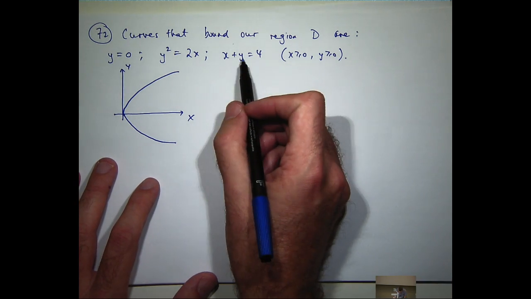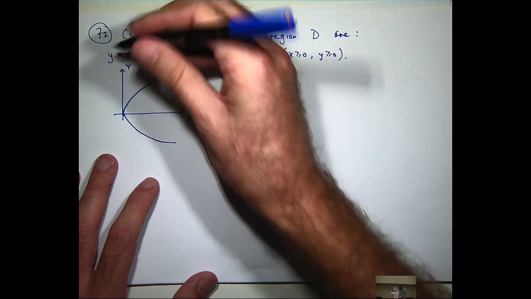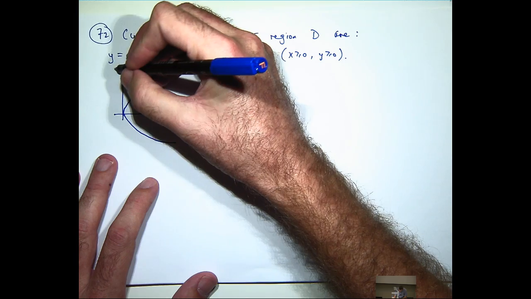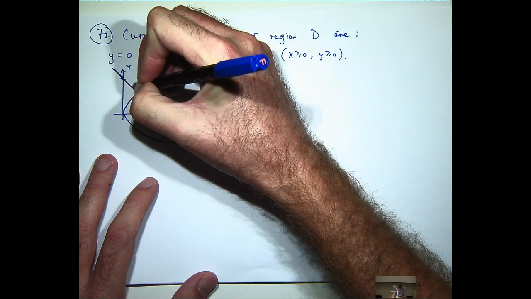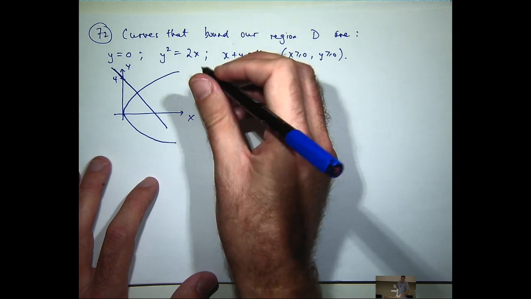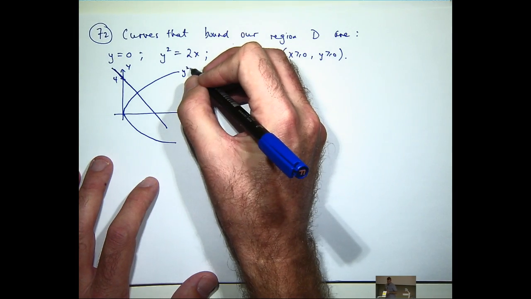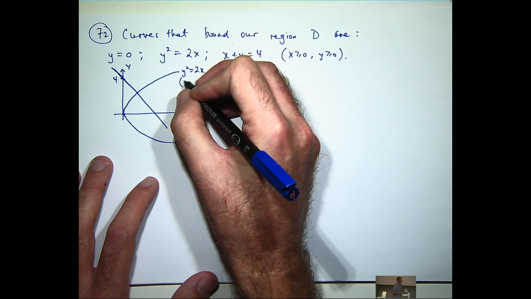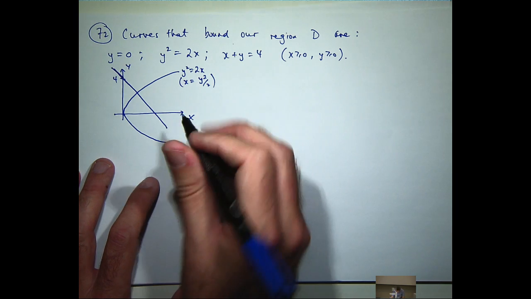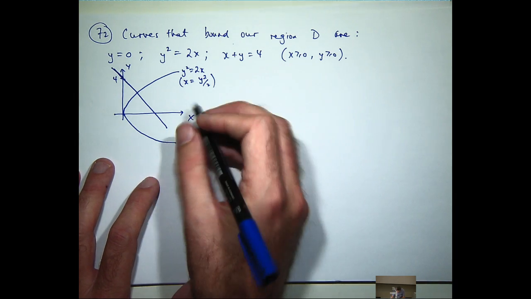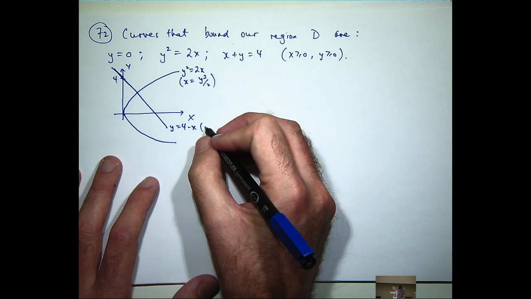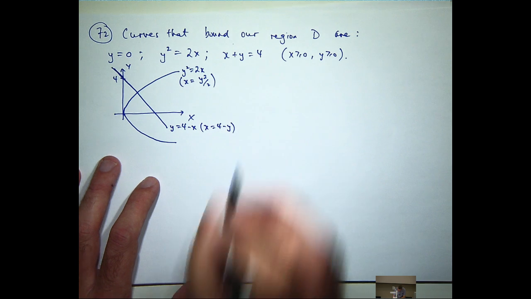And if I draw in the line y equals 4 minus x, then I cut at 4, and I get something like that. So this is the curve y squared equals 2x, or x equals y squared on 2. And this is the curve y equals 4 minus x, or just x equals 4 minus y.